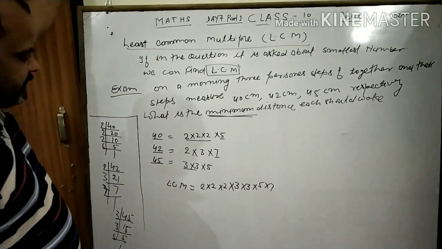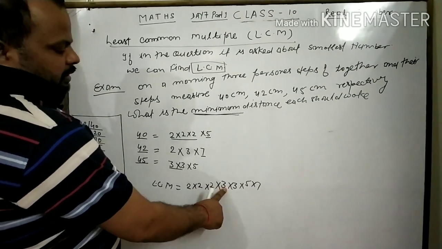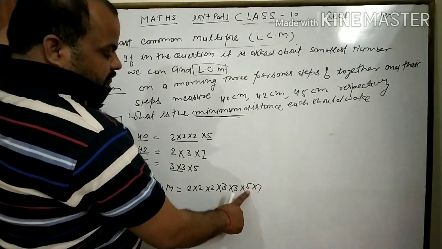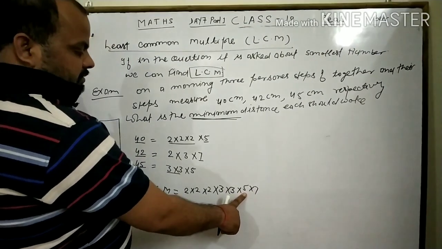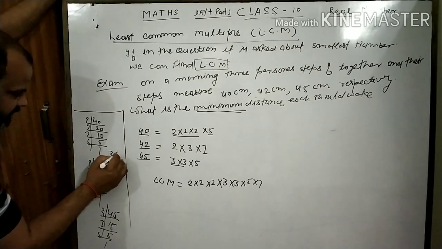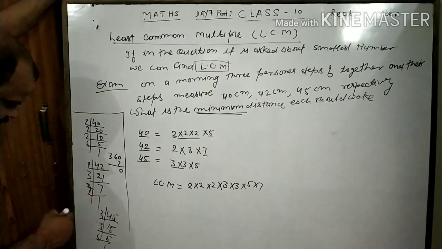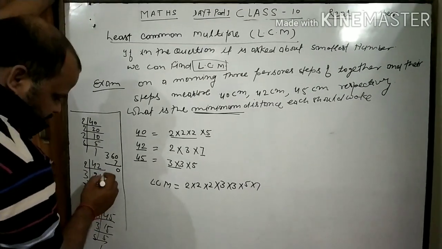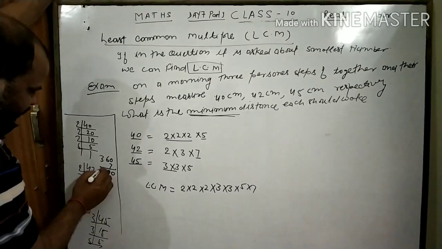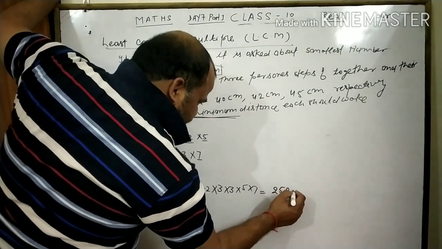You can multiply it. 2 2s are 4, 4 2s are 8, 8 3s are 24, 24 3s are 72, 72 5s are 360, and 360 7s are 2520.